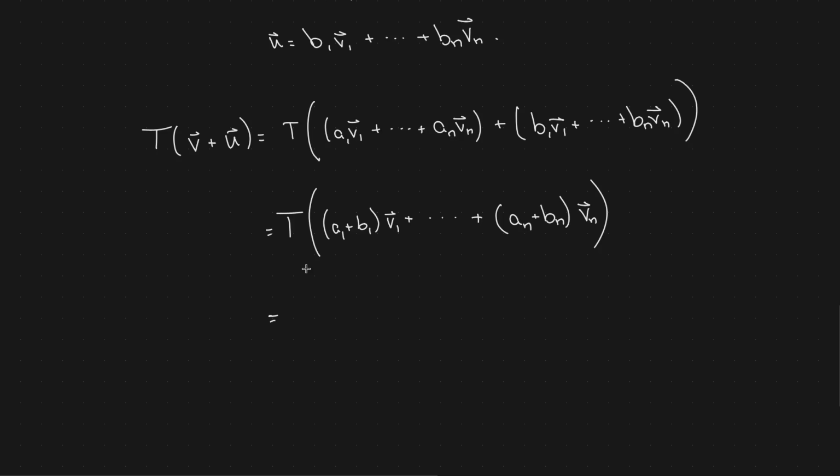And so the transformation on this, I just get the coefficients of the linear combination. So this is going to be the coordinate vector of the sum of those two vectors with respect to basis b. Okay.